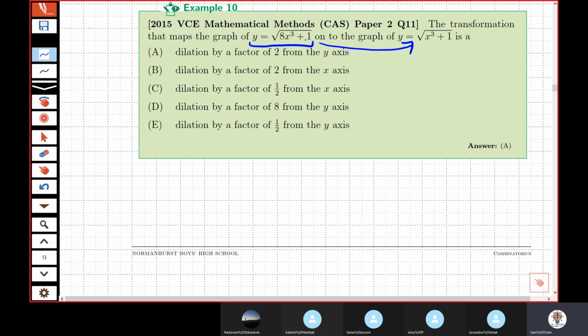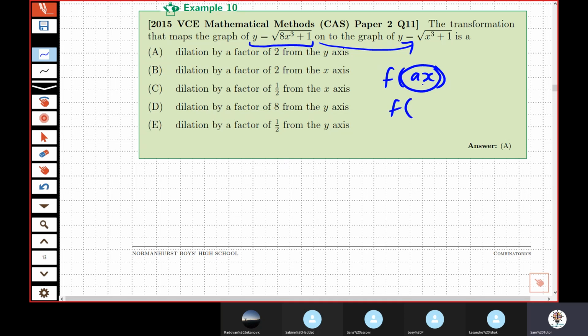Can we see that obviously everything else is the same except x is x cubed here, whereas this is 8x cubed. So that means I've done something like this. I've changed my x value inside. Can you understand that? Because my x value is changing. So what would x equal to?